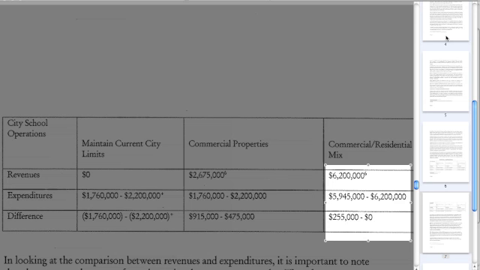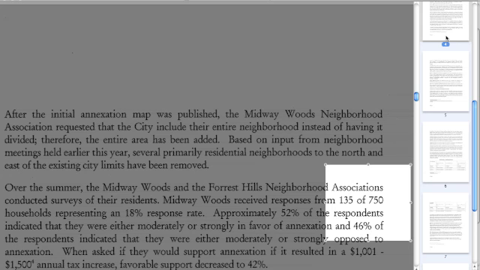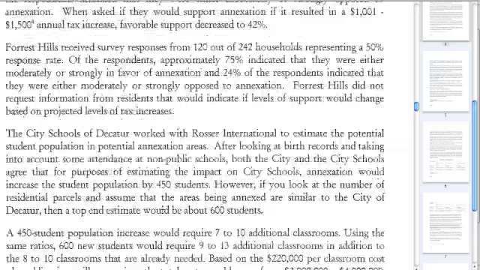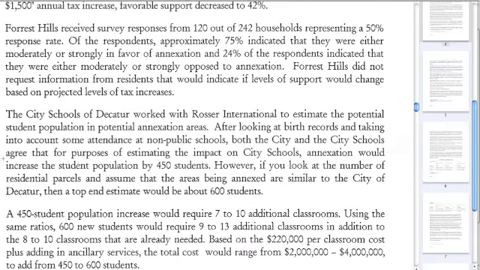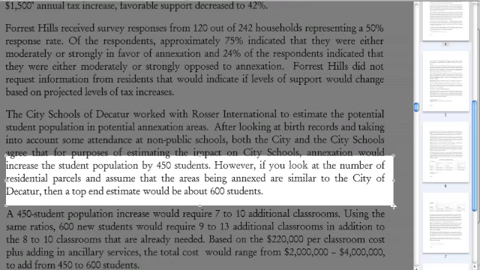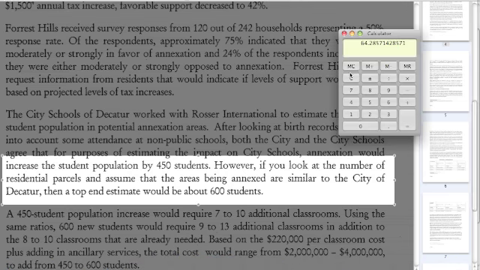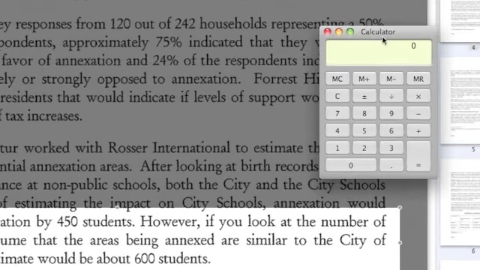All right, so let's go back and see how they came up with this number of 600. The report says if you look at the number of residential parcels, we have not really been able to figure out exactly what that method is, but there is a pretty simple method for doing this. The report says that there are 7,800 residents in the annexed areas.